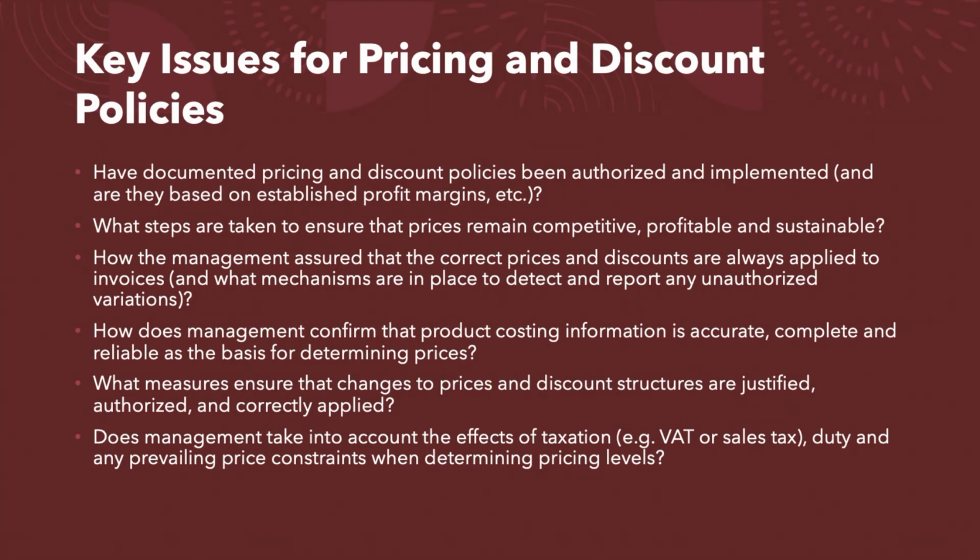Okay? Third question: how is management assured that the correct prices and discounts are always applied to the invoices, and what mechanisms are in place to detect and report any unauthorized variation? Usually it is in the system, and we can do some checks on whether management makes an evaluation or assessment to ensure that the prices and discounts are applied to the invoice in accordance with the policy.